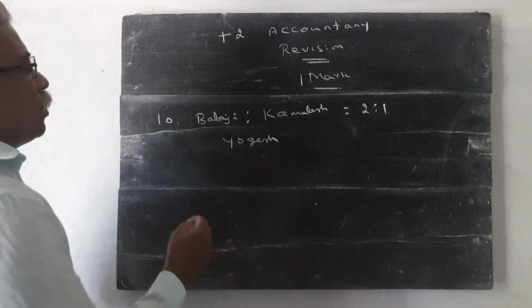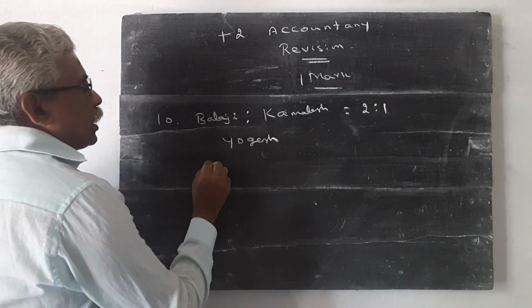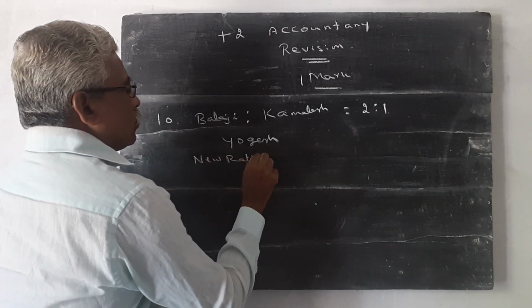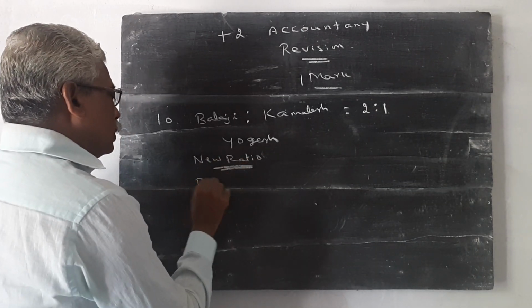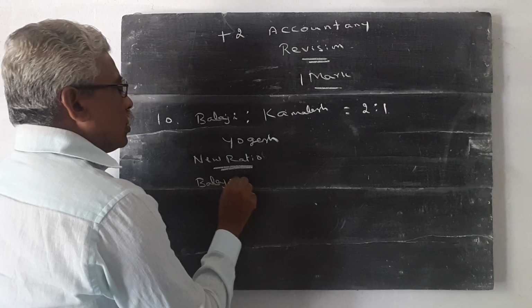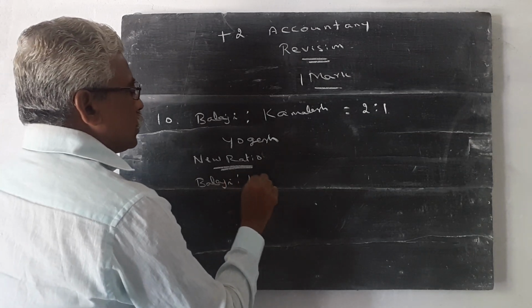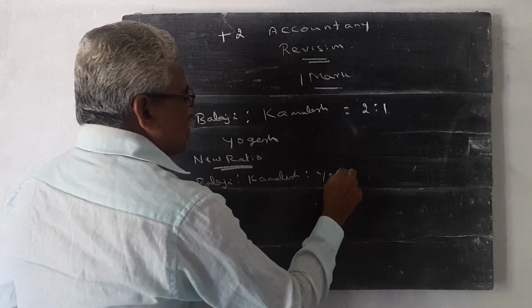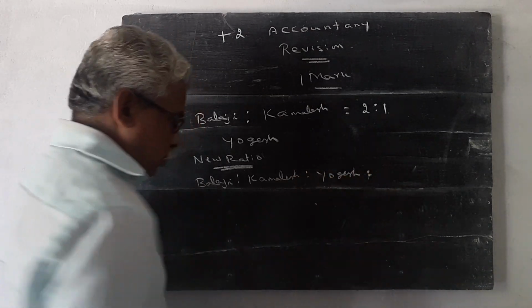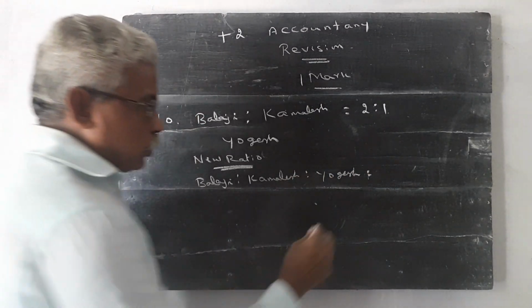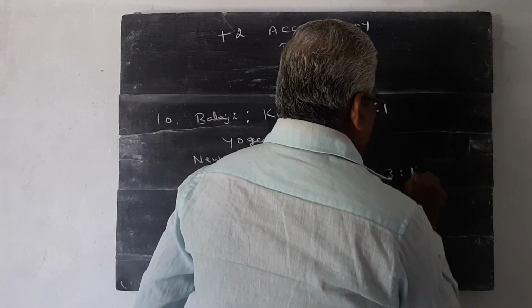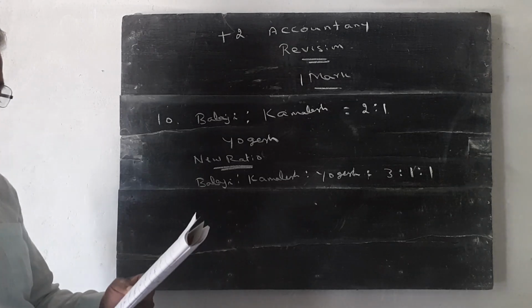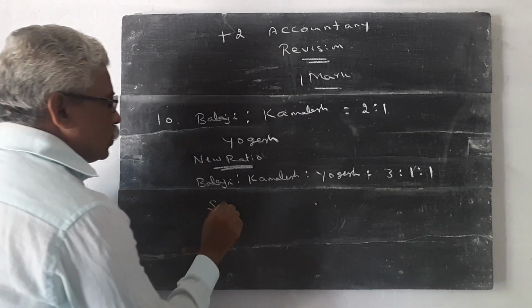After the admission of Yogesh, the new ratio of Balaji, Kamalesh, Yogesh is equal to 3:1:1. Calculate the sacrificing ratio.